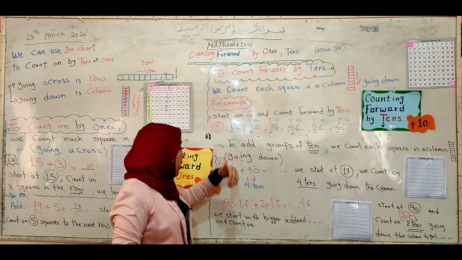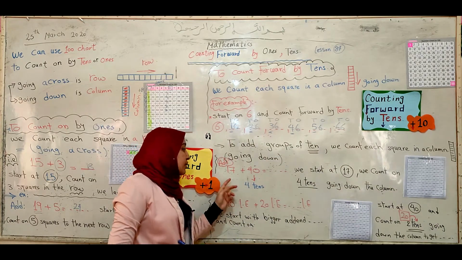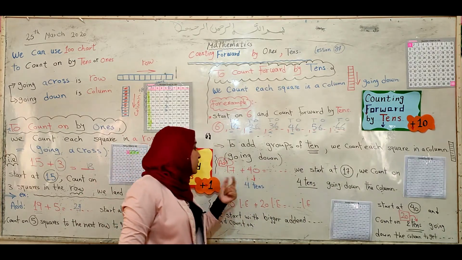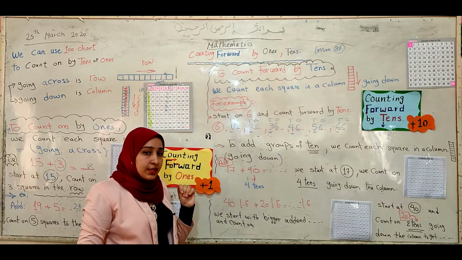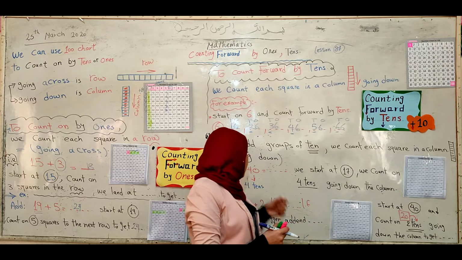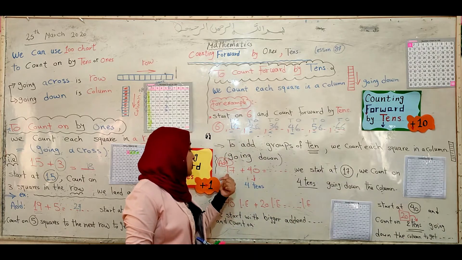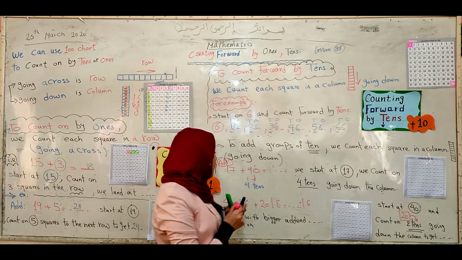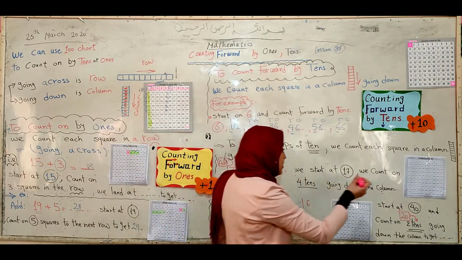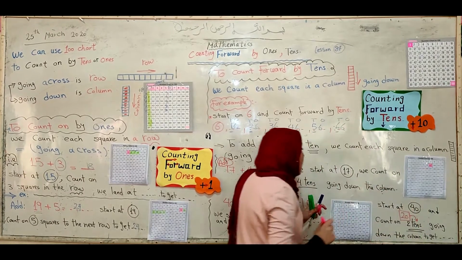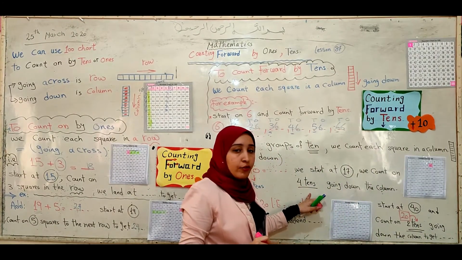So we go down. In this example, 17 plus 40 equals what? 40 here is 4 tens, as we know. We start at number 17 because it tells us 17 plus 40. What is the result? I stand at 17 and we count on 4 tens.